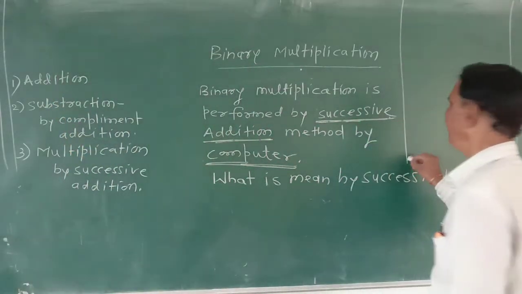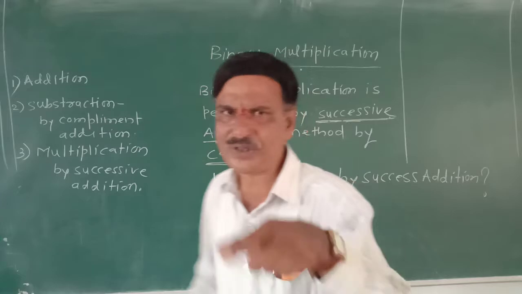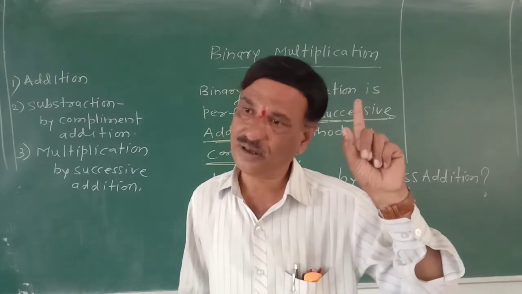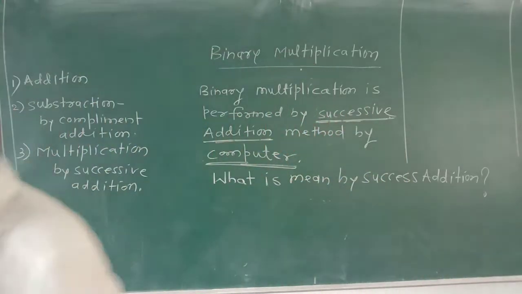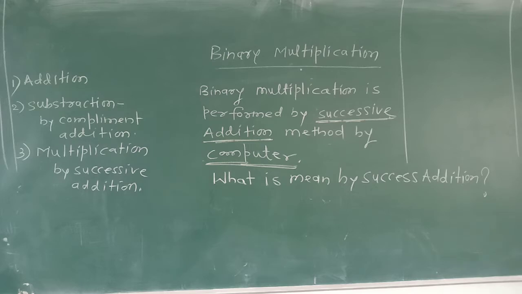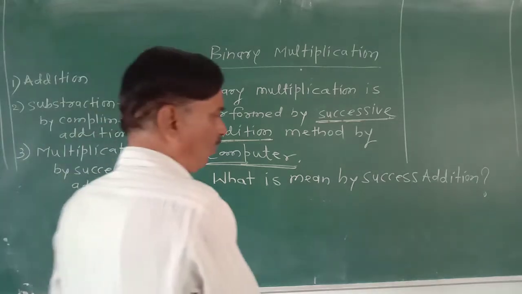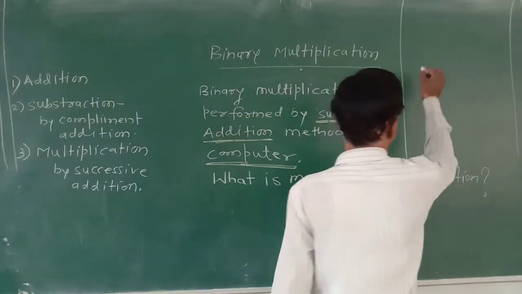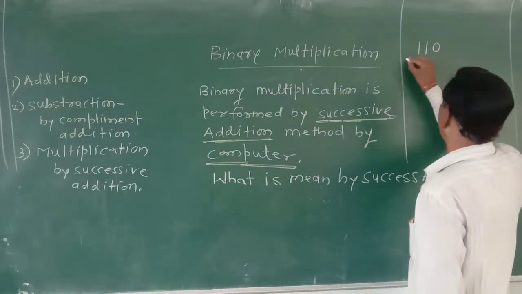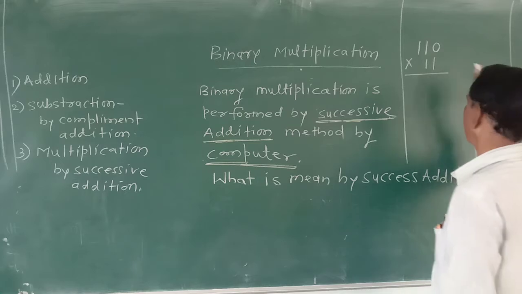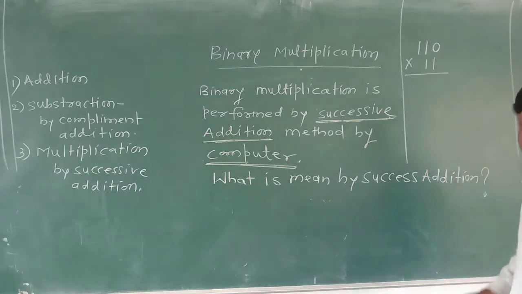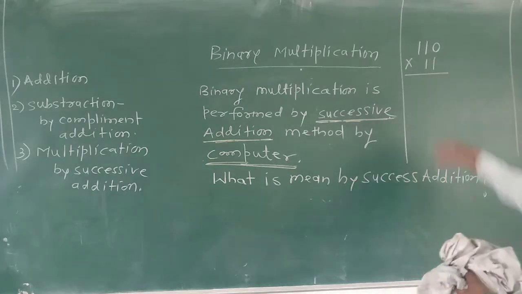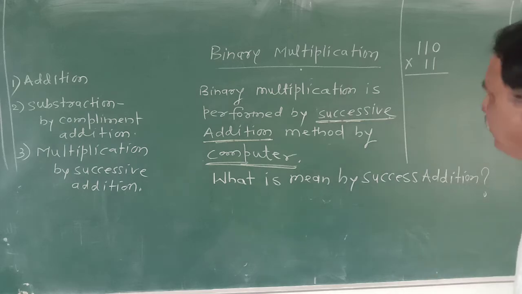We have seen one example of binary multiplication: 110 multiplied by 11.